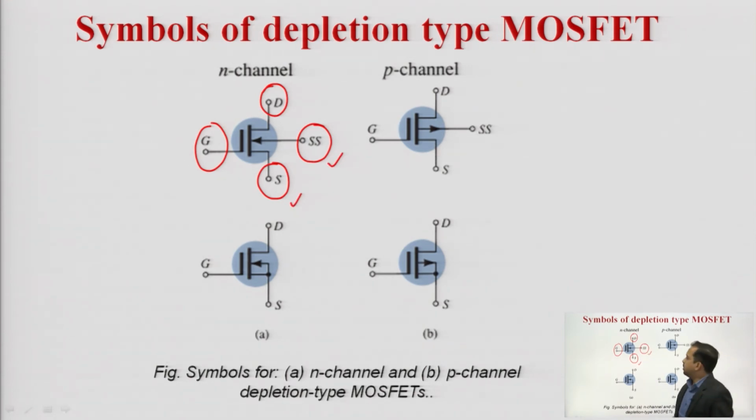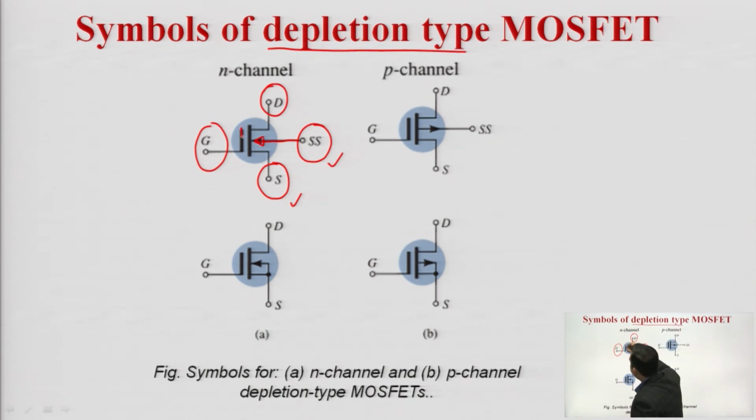So, for N channel, the direction of current, this arrow, is inward, and since we have seen that for a depletion type MOSFET the channel is present, we have a solid line here, but we will see that for an enhancement type MOSFET, this symbol will be quite different. So, this is for N channel. For P channel, automatically the direction is outward. For N channel, the substrate was made up of P type, whereas for P channel the substrate was made up of N type.